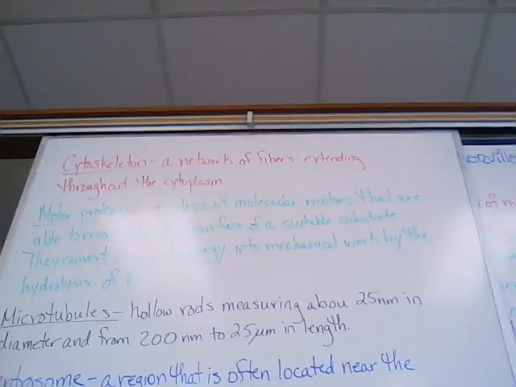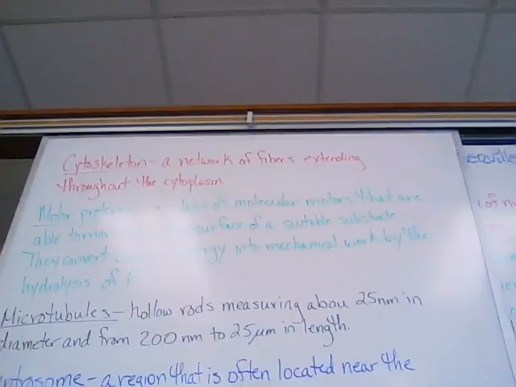Okay, now the components of the cytoskeleton, and I had already mentioned this before, and I'm going to mention it again, about the microtubules. All eukaryotic cells have microtubules, hollow rods measuring about 25 nanometers in diameter and from 200 nanometers to 25 micrometers in length.